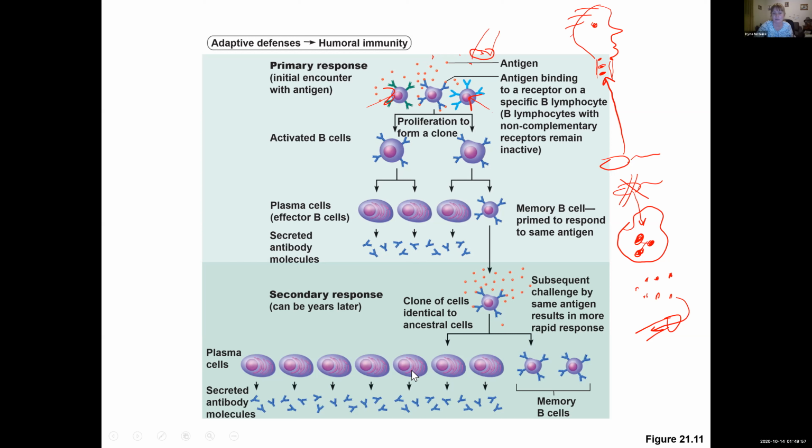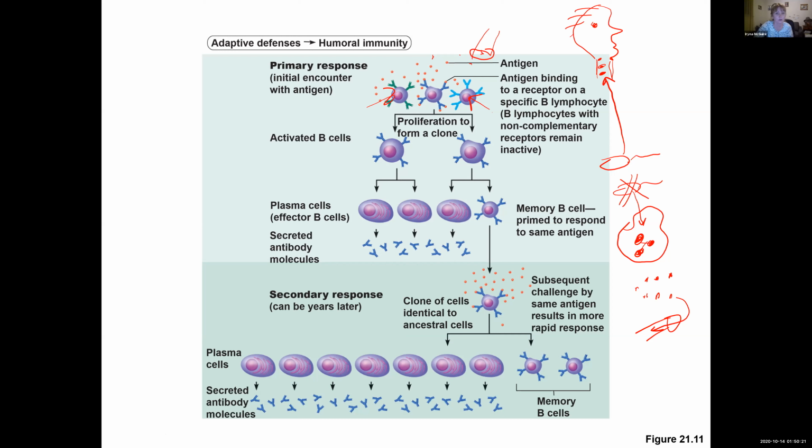You see, we have way more plasma cells and way more memory cells. So this response is very fast. So you fight the same infection more rapidly than you did the first time when you were just introduced to this specific antigen. So that's what the memory is.